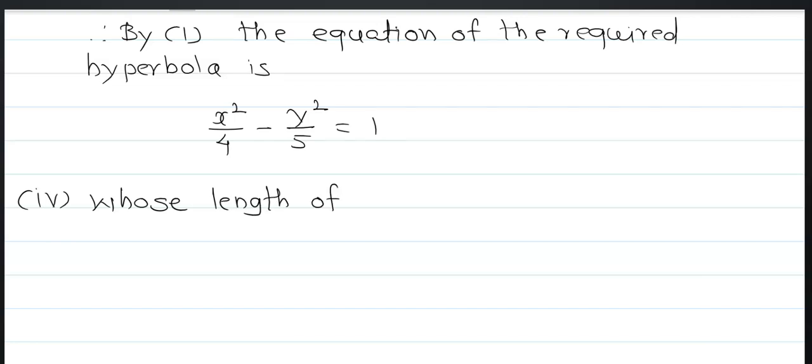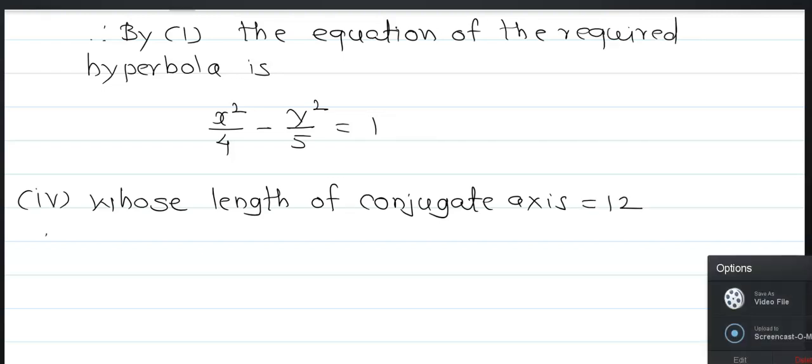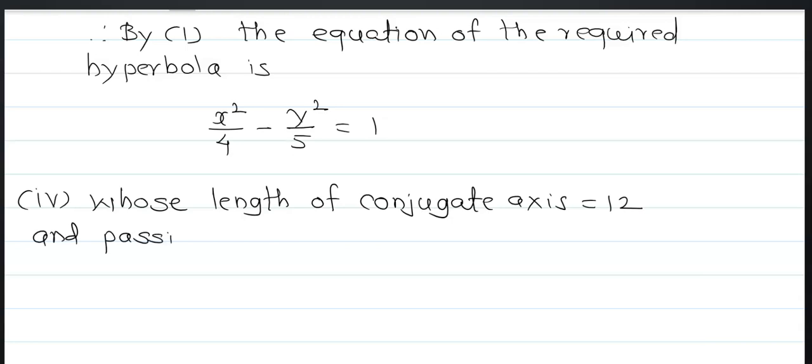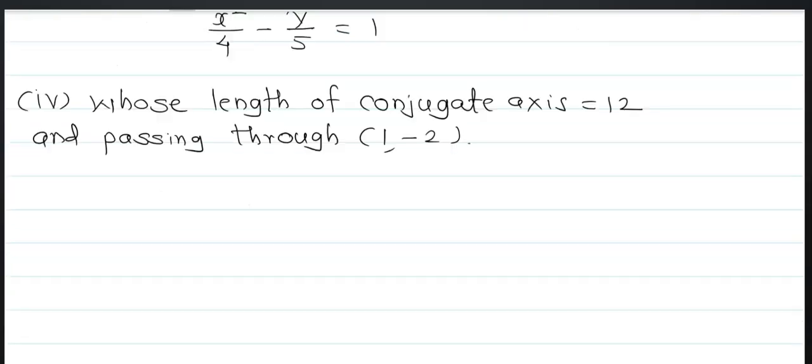Next is the fourth one, whose length of conjugate axis is equal to 12 and passing through 1, minus 2.